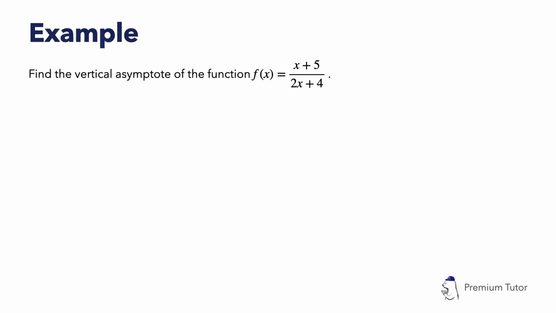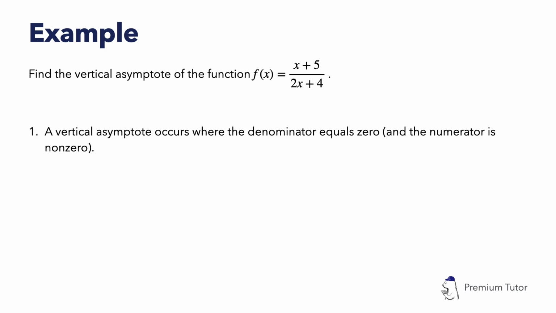In this example, let's find a vertical asymptote for the function f of x equals x plus 5 over 2x plus 4. A vertical asymptote happens when the denominator becomes 0. That's where the function tries to divide by nothing. So we set 2x plus 4 equals 0, which gives x equals -2.